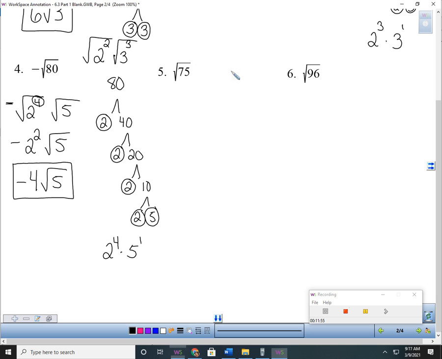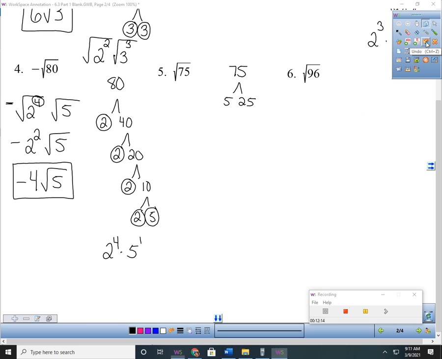All right, so let's try 75. Okay, it ends in 5, so I know it divides by 5. So 5 and 25, right? No, not 5 and 25. 5 and, I can't multiply today. 15. 5 is prime, right?